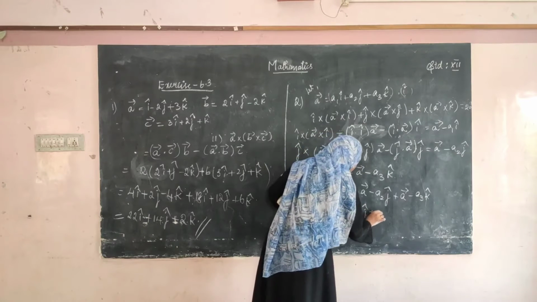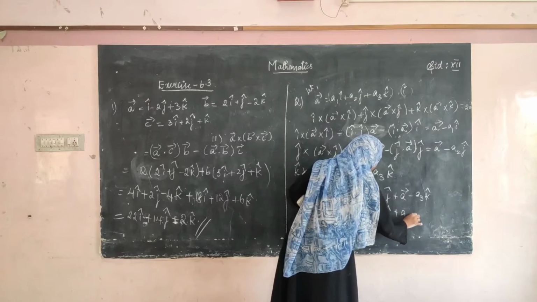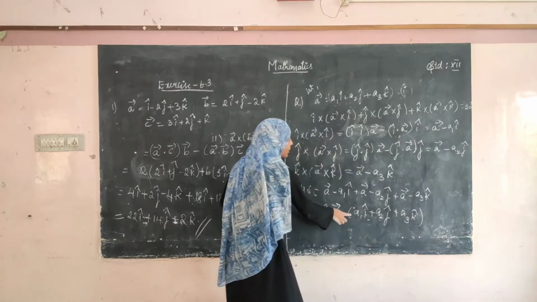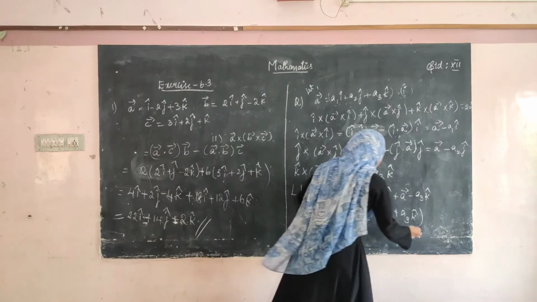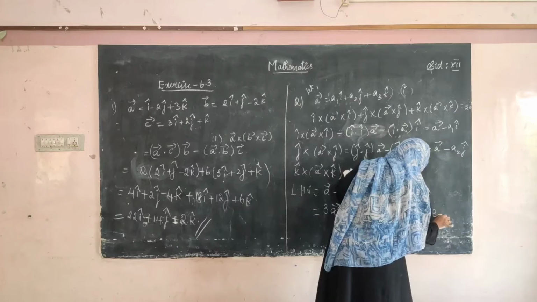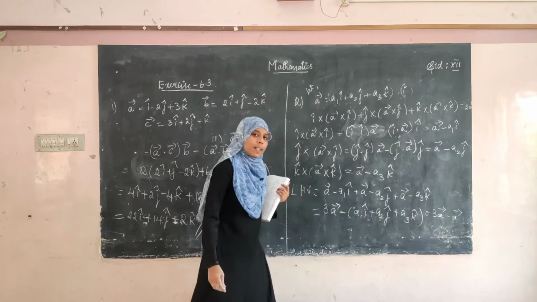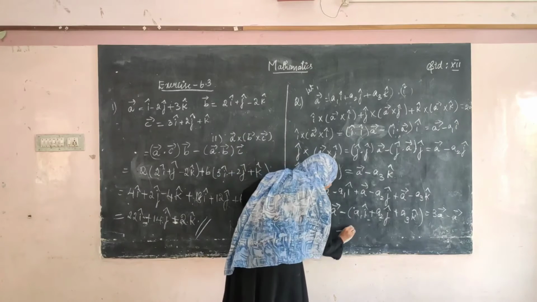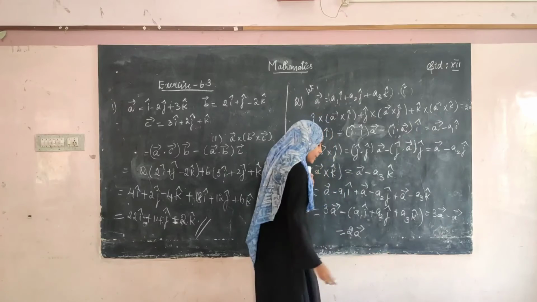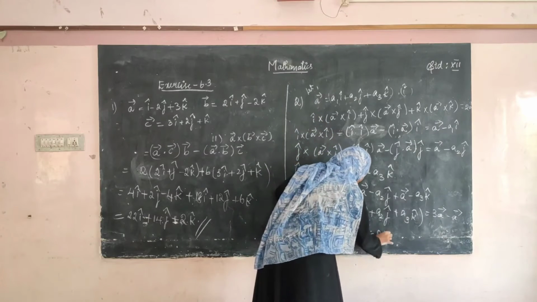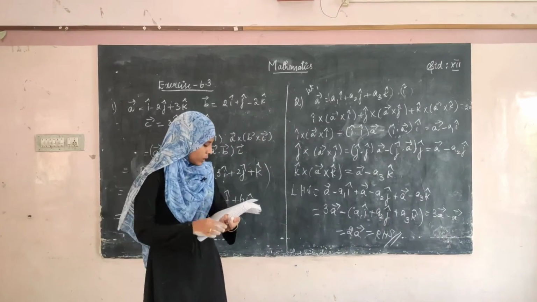A1 I cap plus A2 J cap plus A3 K cap. What is this term? It is A vector. So it is equal to 3 into A vector minus A vector, which is 2 into A vector. So that is what we have to find in the right hand side, right? This is equal to right hand side, hence proved.